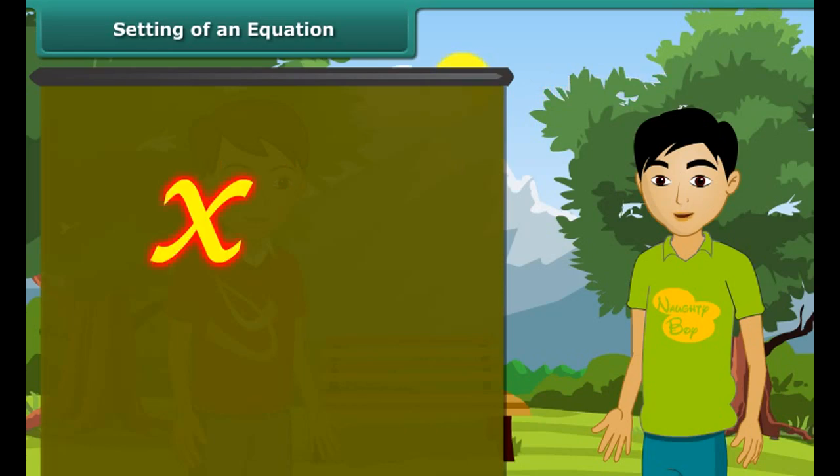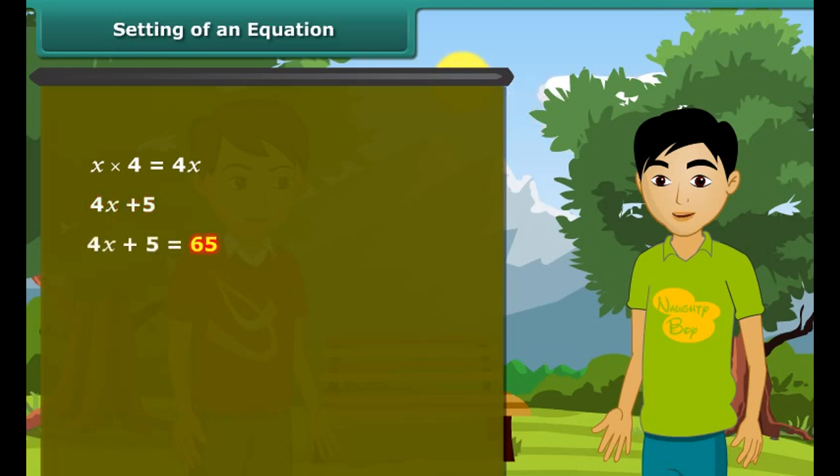You may use y or t or some other letter in place of x. I asked you to multiply the number by 4. You get 4x. Then add 5 to the product, which gave 4x plus 5. You get the result 65, which means 4x plus 5 is equal to 65.